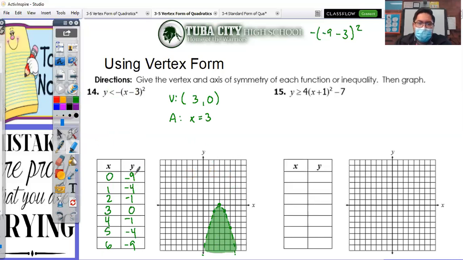And this is the solution area. Anything I pick inside is going to make a true statement. So if I say over 3 down 5, like here, if I pick that as a point, I don't know exactly what I would get. Let's say 3 minus 3 is 0.